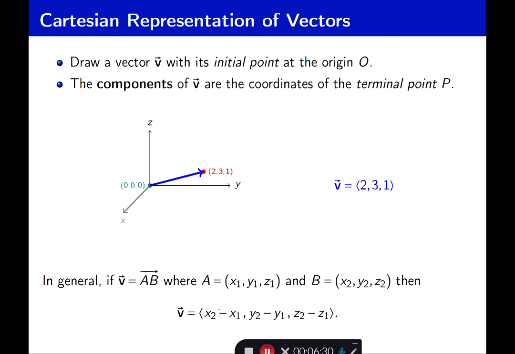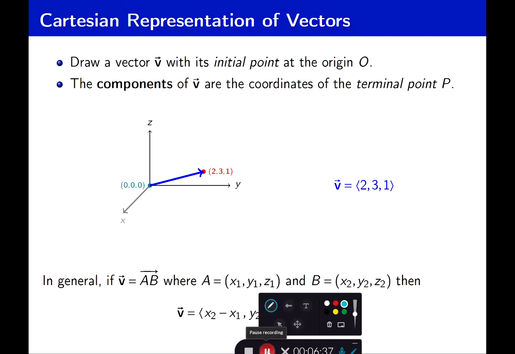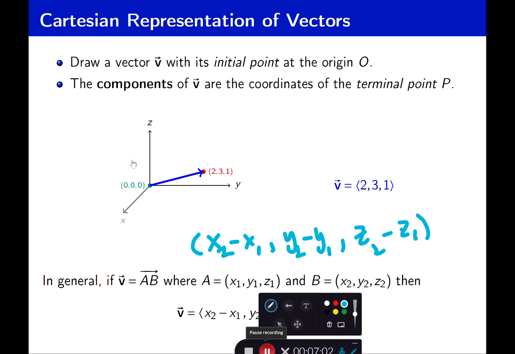If you find the point, not the vector, x2 minus x1, y2 minus y1, z2 minus z1, and this is the terminal point with origin O as the initial point, that's exactly the same thing as v.